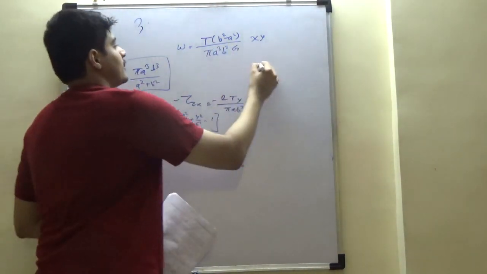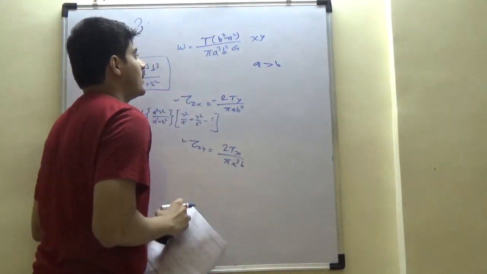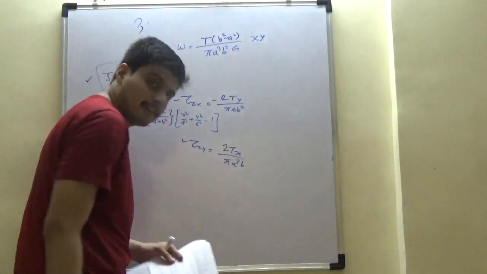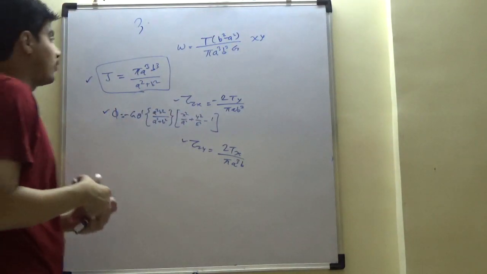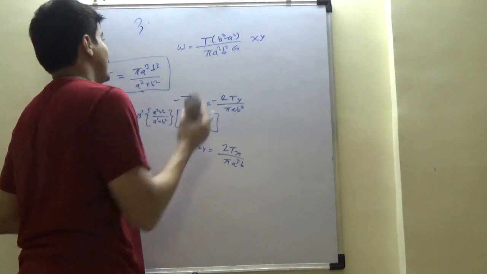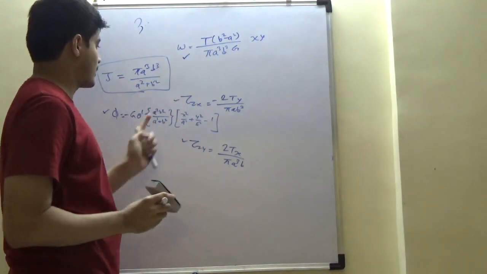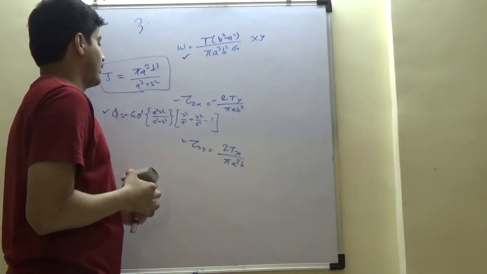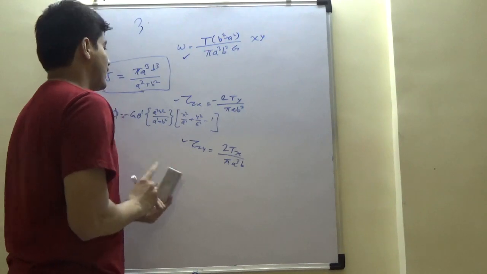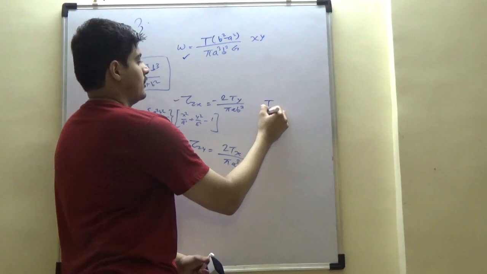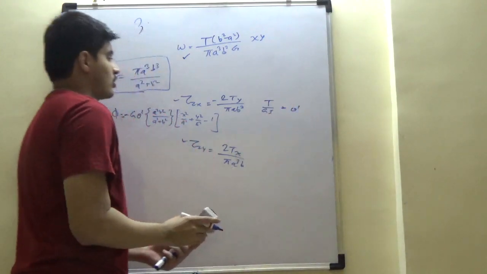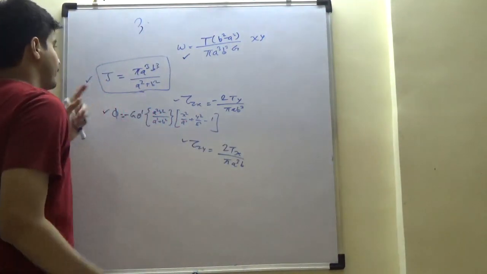Look at this b square minus a square. A is always going to be more than b. So w is going to be negative, which is also expected, the negative twist. So for the ellipse, we have found out all the properties. The twist, theta dash, is nothing but t by g j, which has also given me the twist rate.